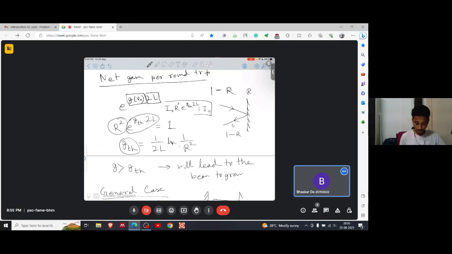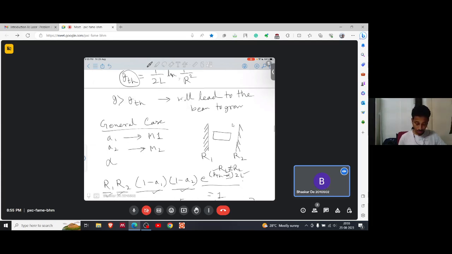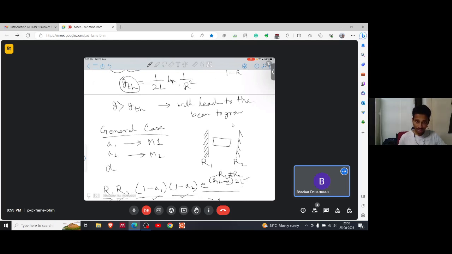From this equation, I naught is cancelled out on both sides, and we are left with r square e to the power gth 12 equal to 1. From that we get gth equal to 1 by 12 ln 1 by r square. So in order to be intensified, g will be greater than gth.